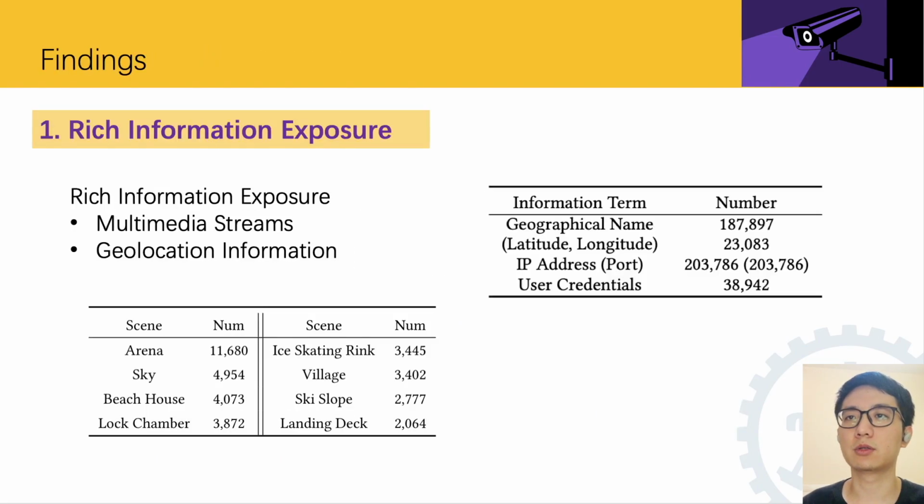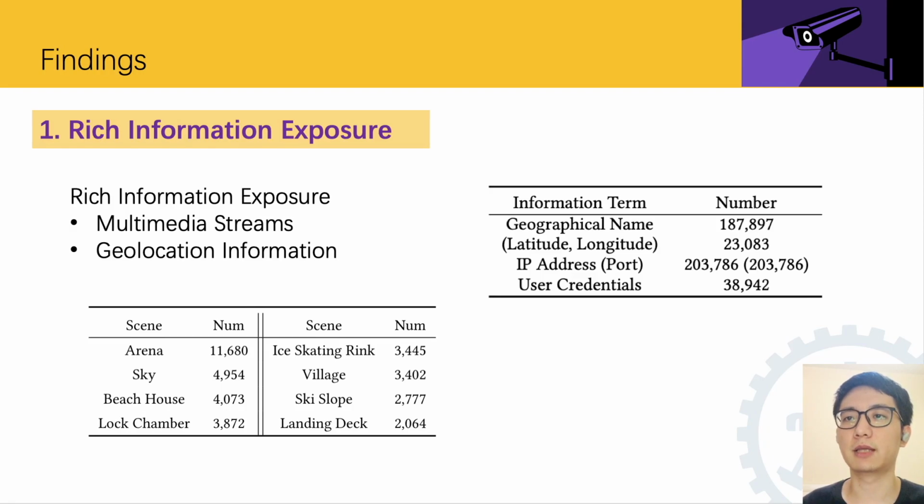As a typical surveillance device, a webcam provides rich information to its users, including multimedia streams and its physical location. Compared to other IoT devices, webcams directly provide multimedia streams to users, including images and audio. There are 2.2 million webcams on individual IP hosts, and most of them use a login interface for user authentication.